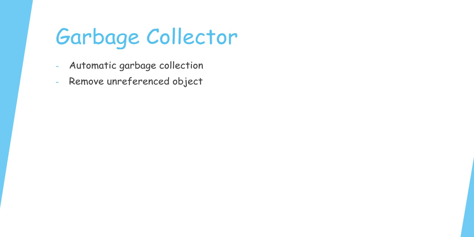Now let's look at how the garbage collection works in Java. If you have ever written a program in C language, then you might be aware of the process of creating an object. In C, if you want to create any object, then the program has to allocate memory and is responsible for later manually deallocating that memory to delete any such object. If the programmer forgets to deallocate the memory, then a memory leak can occur and a large amount of memory will be consumed.